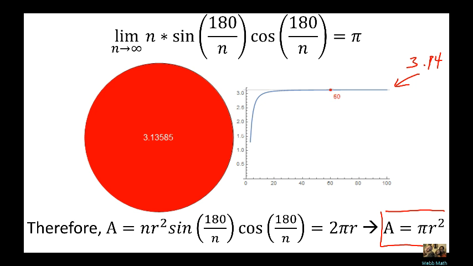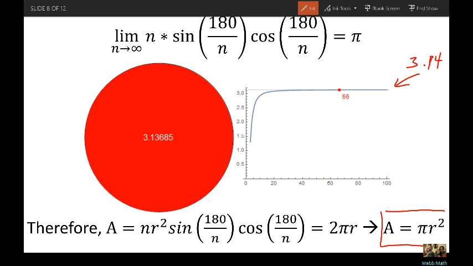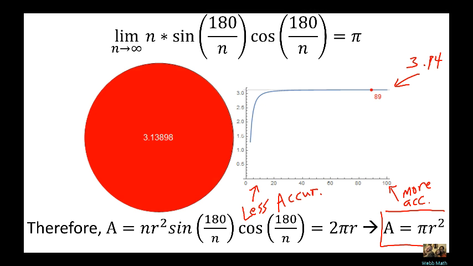So again, big, huge mess based upon this idea of inscribed n-gons. And as you can see, as you get closer and closer to bigger numbers, you're more accurate. But the fewer sides, the less accurate. And that's because pi is not quite exact.